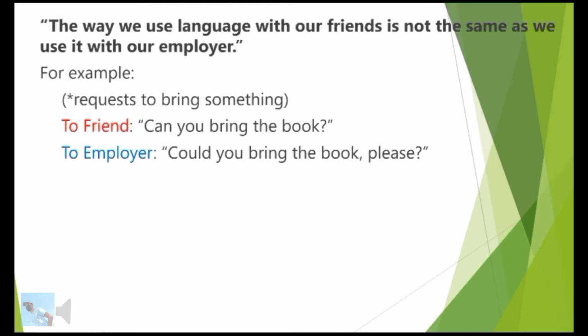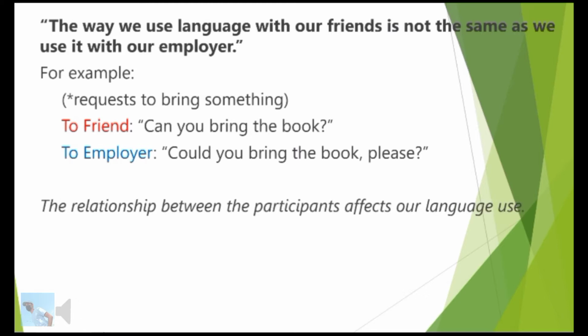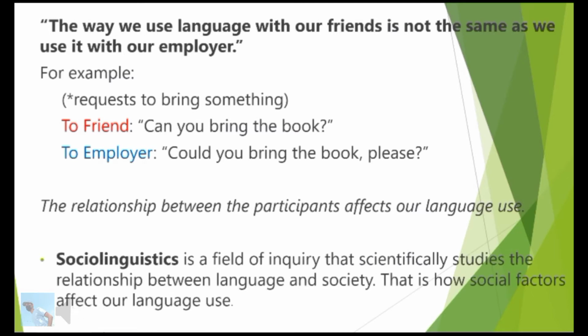So, this example proves that the relationship between the participants affects our language use. That is sociolinguistics. Sociolinguistics is a field of inquiry that scientifically studies the relationship between language and society. That is how social factors affect our use of language.